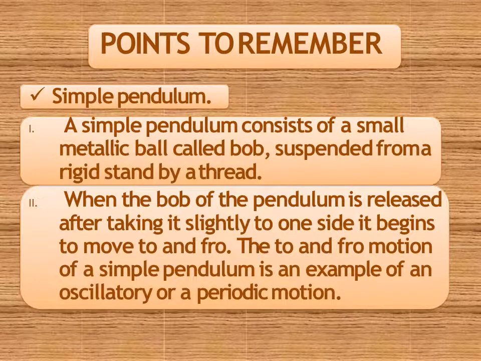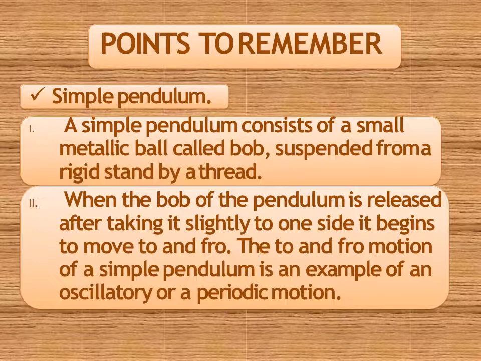So what do you mean by a simple pendulum? A simple pendulum consists of a small metallic ball called a bob suspended from a rigid stand by a thread. When the bob of a pendulum is released after taking it slightly to one side, it begins to move to and fro.